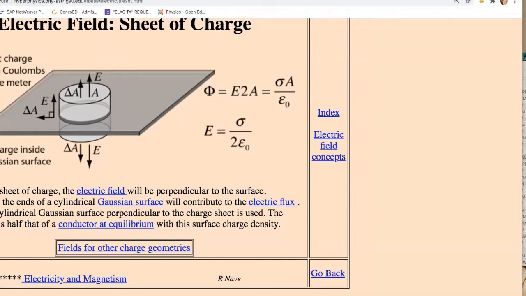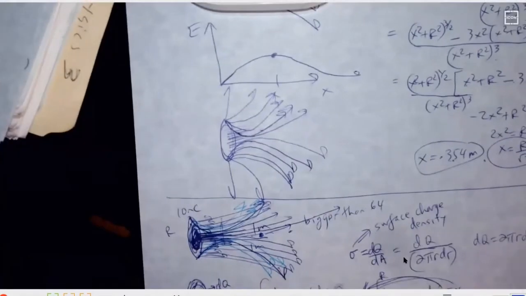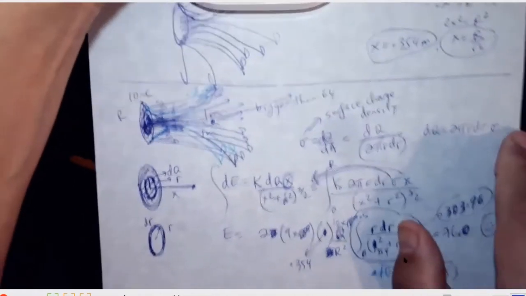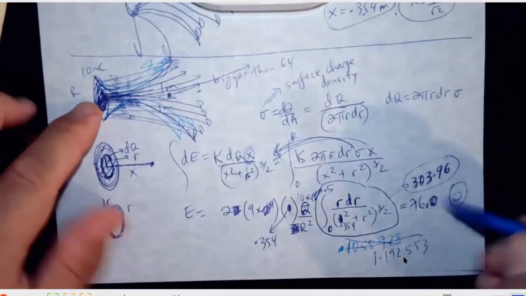So if this is correct, we should be able to derive this with the previous technique. If you remember, a couple of days ago, Wednesday maybe, I was doing the electrical field of rings and plates. Remember when we got to the plate, this is kind of the setup.